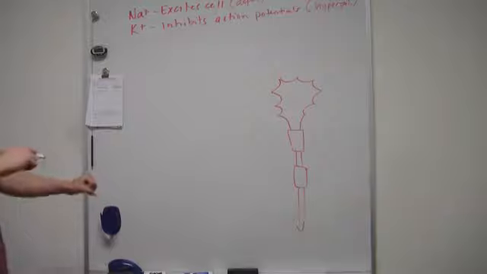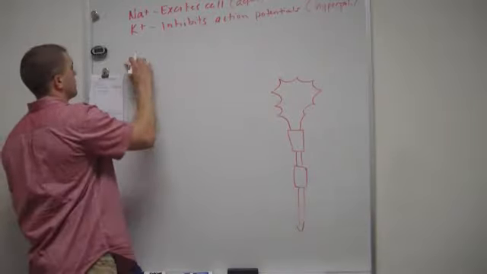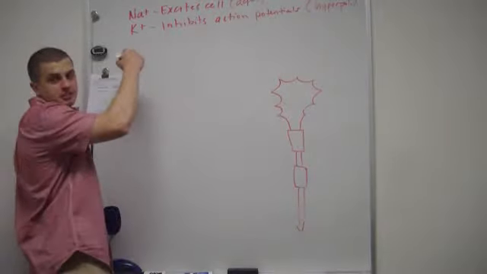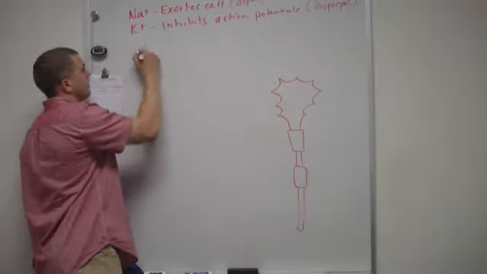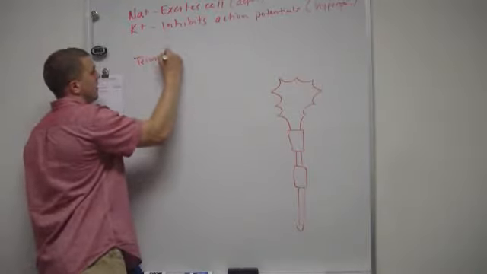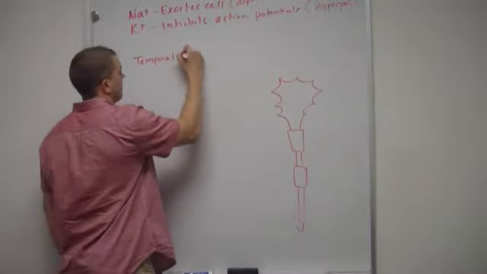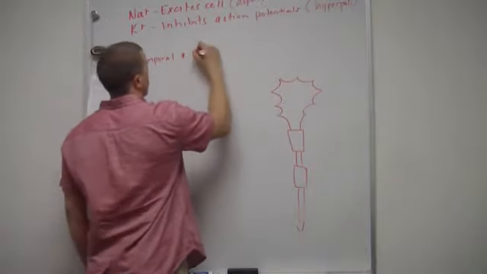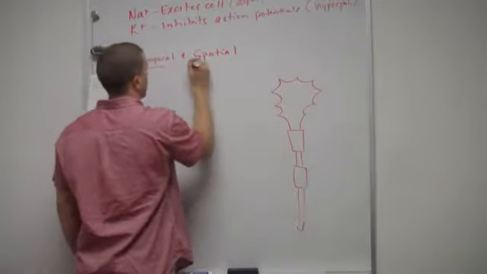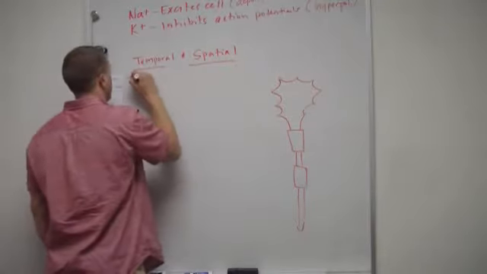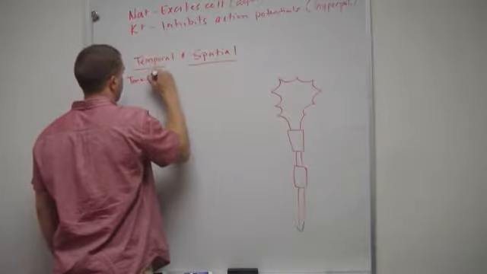Okay, so we have two different types of summation. You guys tell me what those are? You guys gone over summation yet? Yes, it's when you add up the graded potentials, the local potentials. And you have temporal, and then there's another one. Temporal and spatial. When we talk temporal, we're talking time and frequency.